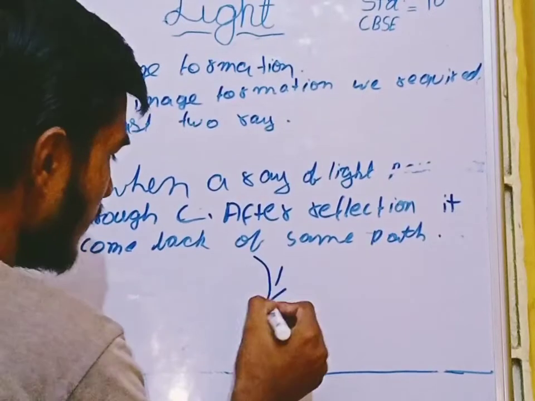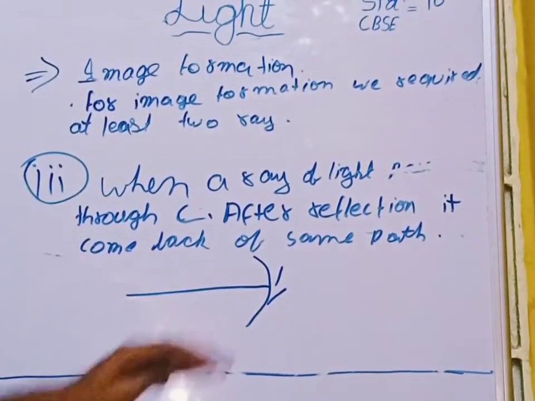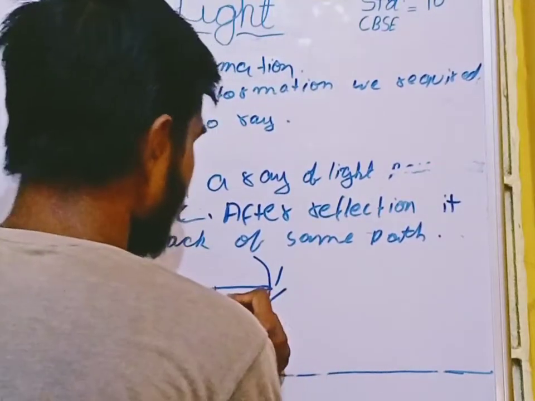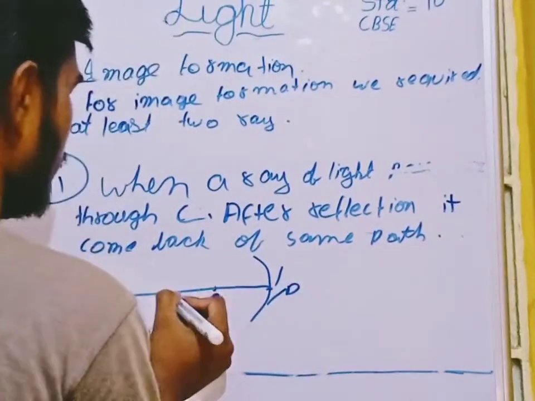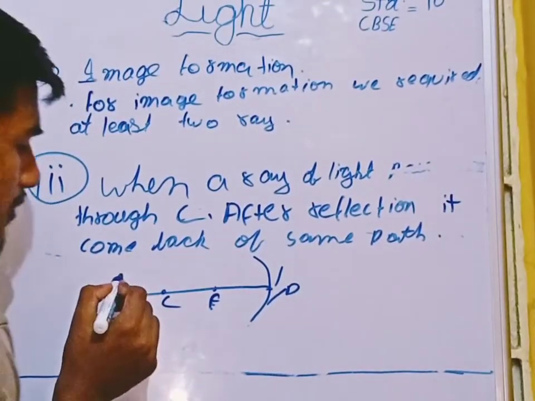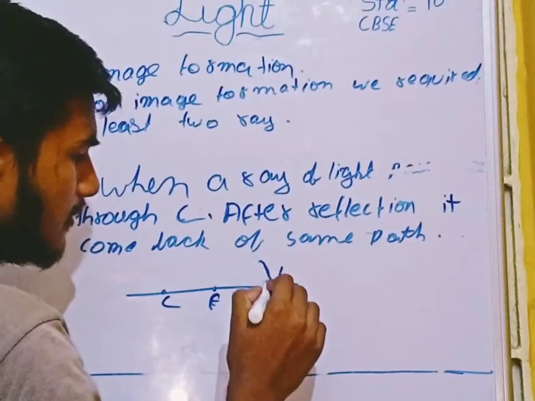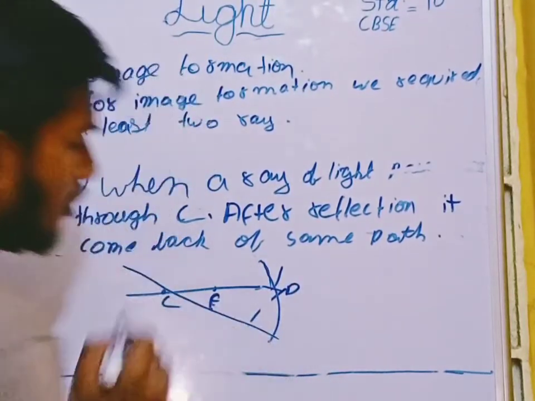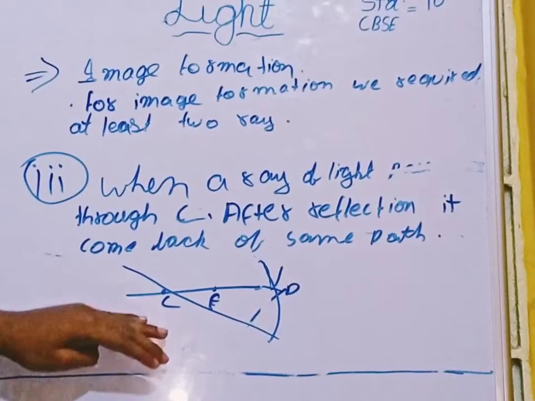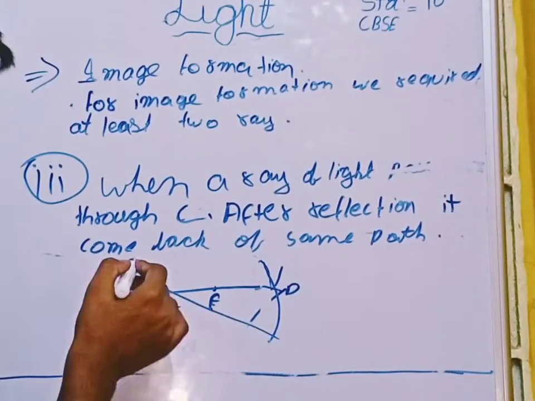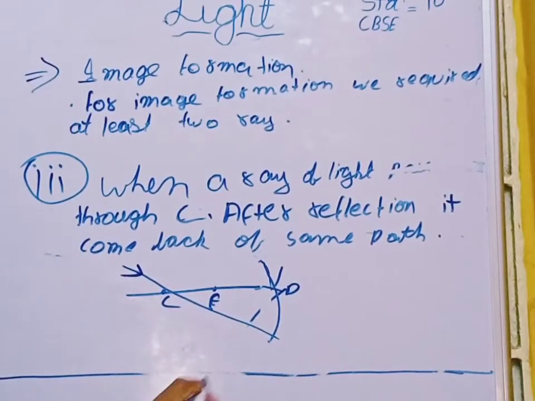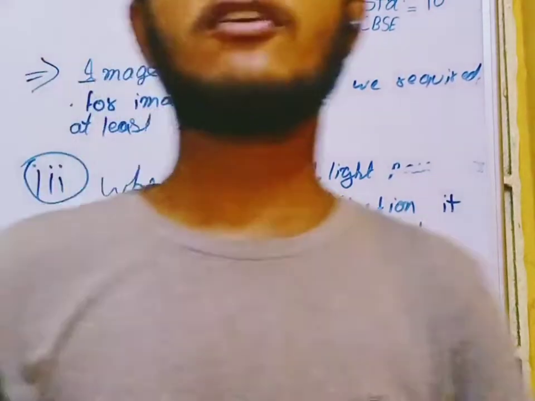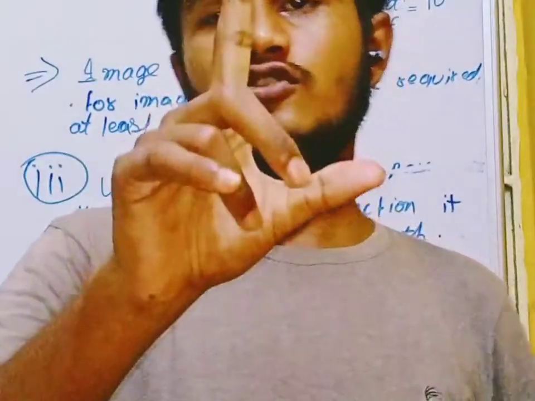This is your principal axis, this is F, and this is P. See what it is saying here: whenever a ray of light passes through the center of curvature, then after reflection it comes back on the same path.